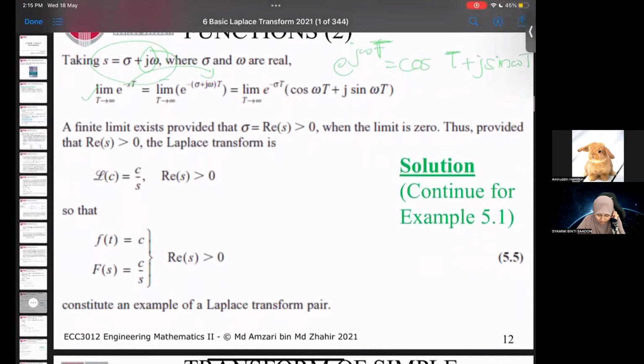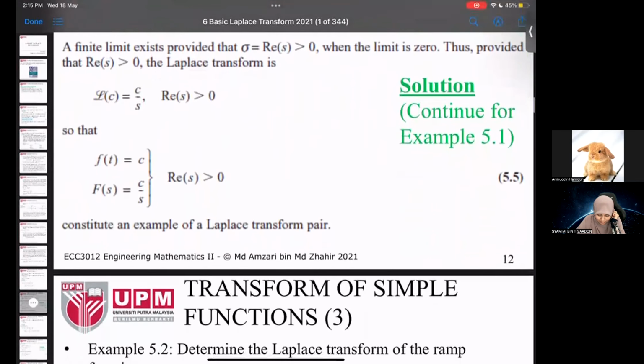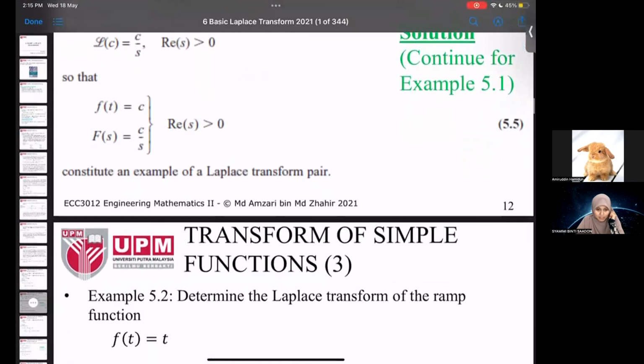If c over s is a real number, we have the Laplace transform as written here.